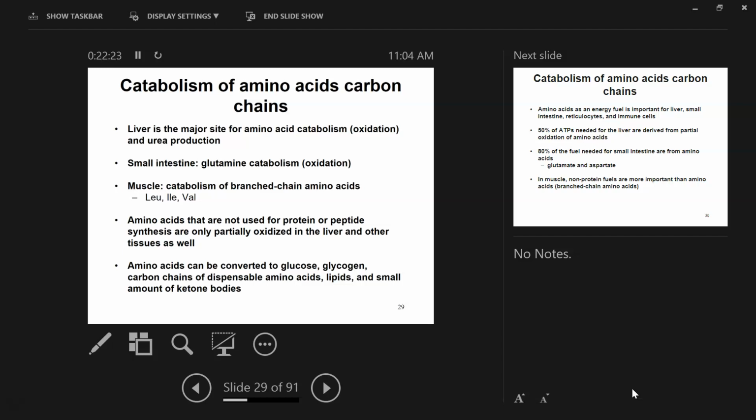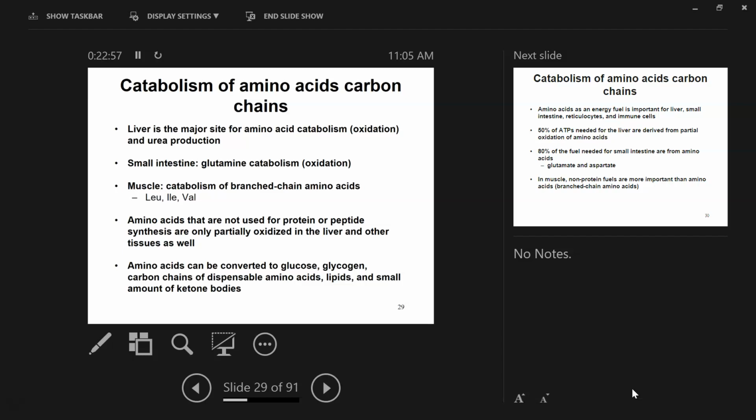The third point is that amino acids can also be metabolized to generate fatty acids and ketone bodies in the liver. And the last point is that protein synthesis is not the main pathway in the liver, right? Any questions?